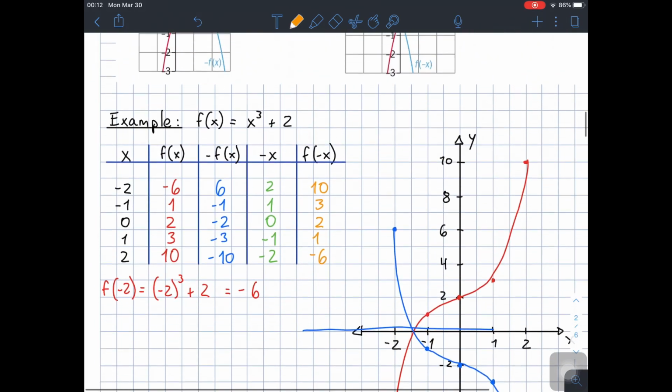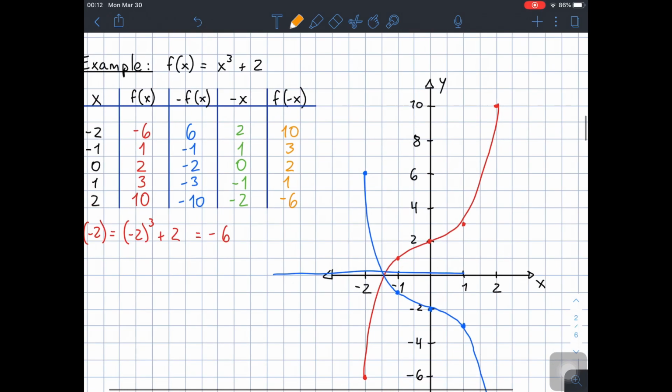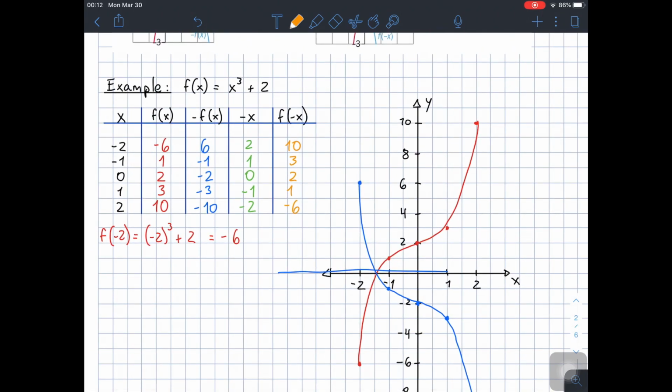What will happen if I graph f of minus x? Remember, I should always graph with respect to these values of x over here. So negative 2 and 10 would be, let me erase this. Negative 2 and 10 is here. Negative 1 and 3 is here.